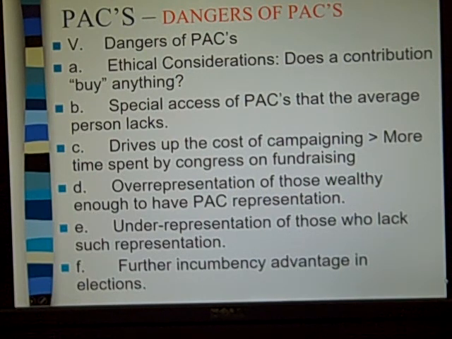Next, political action committees and interest groups in general drive up the cost of campaigning. In fact, most people will think that because of political action committees, generally only wealthy people are even capable of running for office anymore.